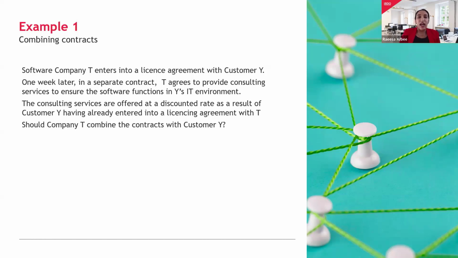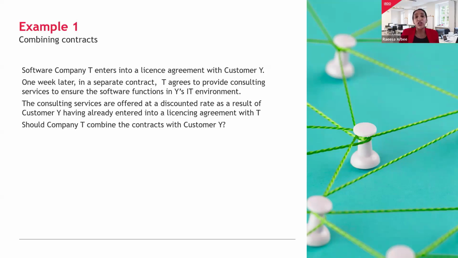Now, there's some specific guidance in Section 23 that states that an entity should combine two or more contracts that are entered into at or near the same time with the same counterparty if certain criteria are met. So only one of these criteria needs to be met. It asks, are the contracts negotiated as a package with a single commercial objective?